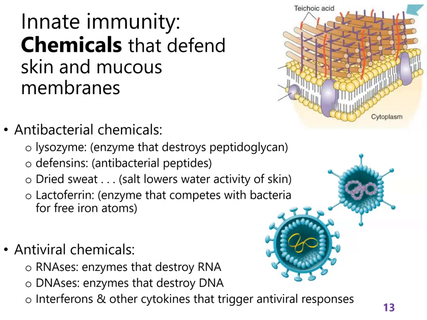And then the last antiviral chemical I want to think about is not something that directly attacks viruses, but something that changes our cells' behavior and prepares us for viruses. So interferons are signaling molecules, and when other cells detect them, they turn on antiviral responses. And that is very much part of our innate immune system.